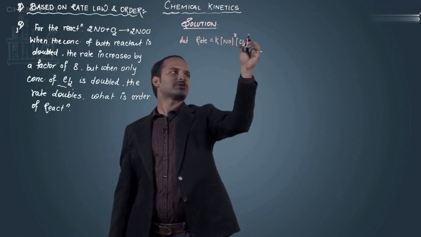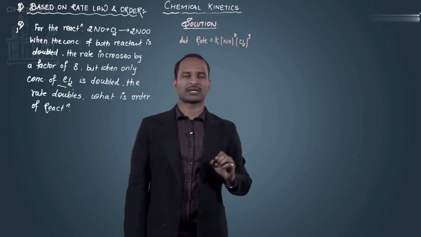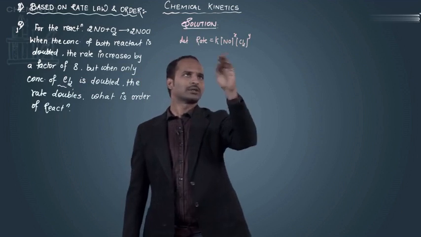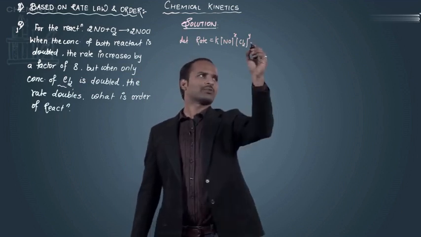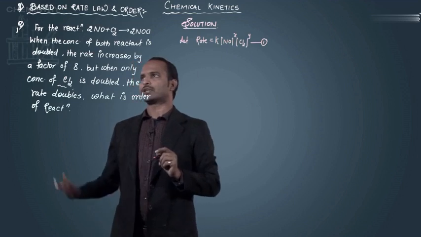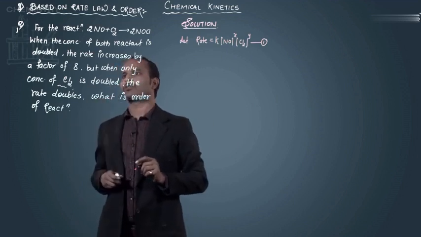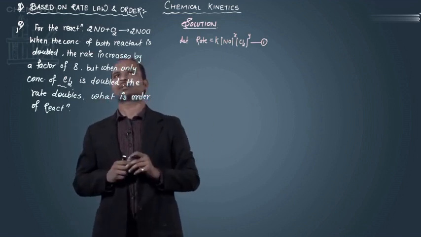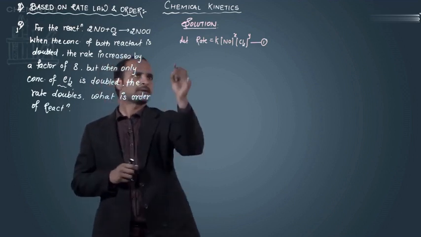And the powers, which are not known, I can consider as X and Y. So this is the rate law, equation number 1. Now it is given in condition number 1 that the concentration of NO and Cl2 is doubled.